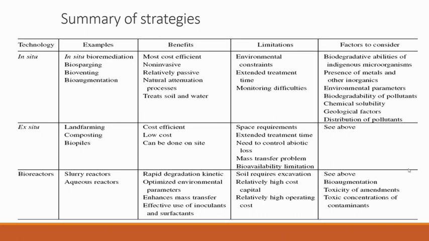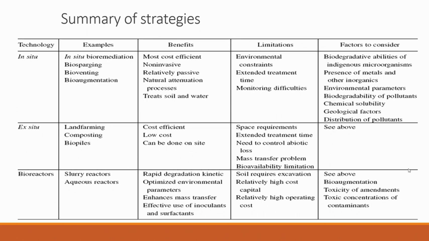Factors to be considered when you're using in situ: you will consider the biodegradability by indigenous organisms. You will consider the presence of metals, because some metals and other inorganics might harm the organism. Environmental parameters you must consider: biodegradability of pollutants, chemical solubility, geological factors, and distribution of the pollutants.